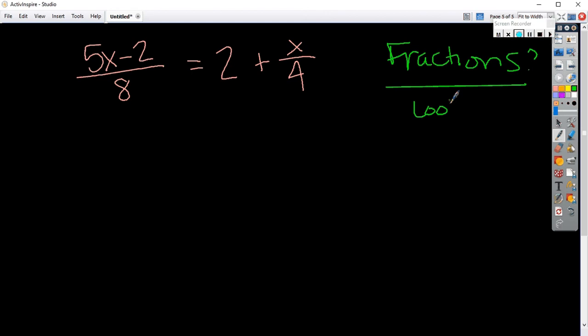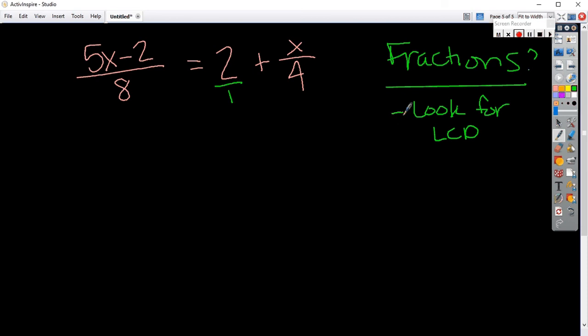We need to look for an LCD, a least common denominator, between all of the fractions here. What would the LCD be here of 8, 1, and 4? 8, right? Everybody agrees it's 8?